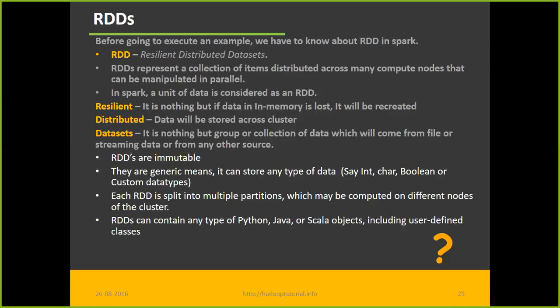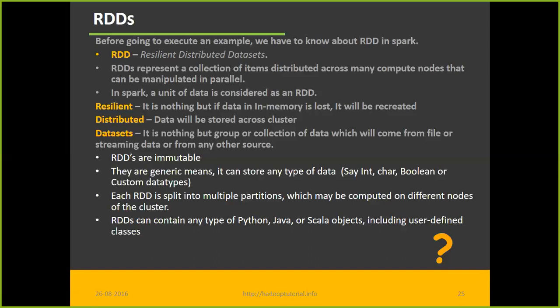You have an RDD R1. If you want to change some values inside that R1, you can't change inside it, but you apply your transformations. Say I want every value to be doubled. Then do R1 into 2 equal to R2.